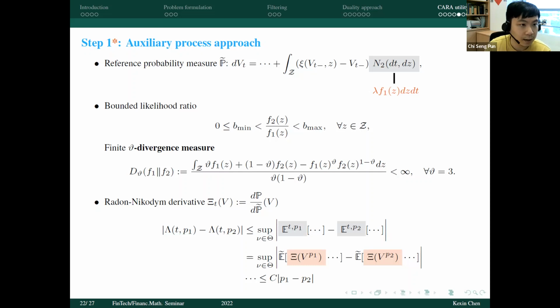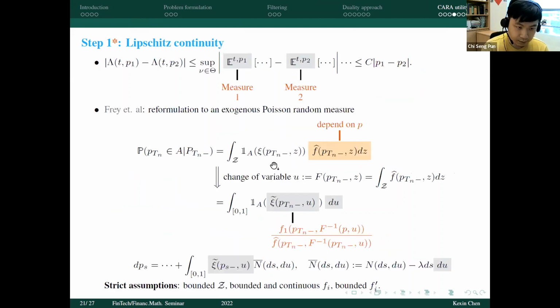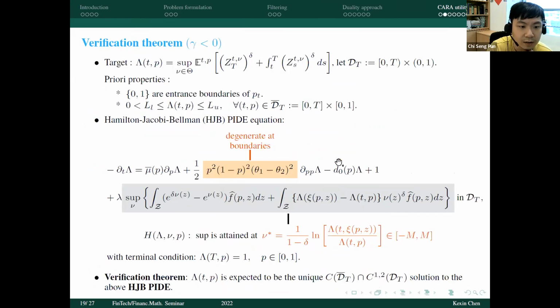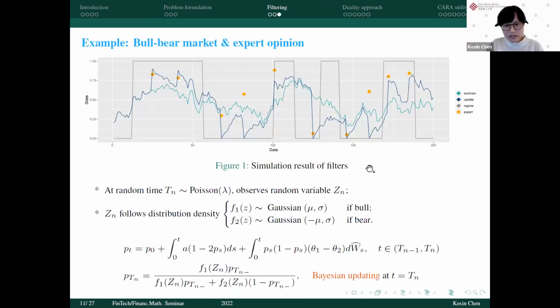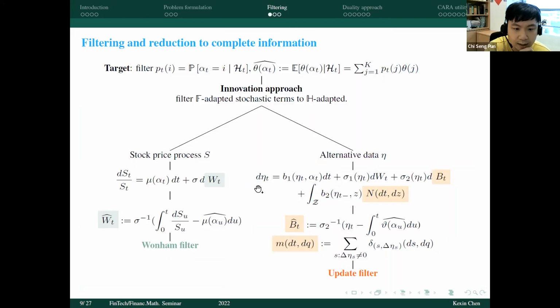I see. So another quick question is about the alternative data. In your current study, you assume the eta, at the very beginning of the slides, is one-dimensional, or could it be multidimensional? I remember you used eta in your dynamics here. I wonder whether eta has to be one-dimensional. It does not have to be one-dimensional. I think multidimensional is also fine.